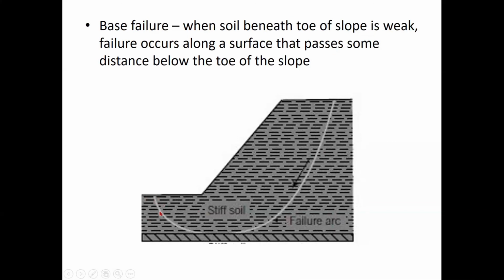So this basically happens when the soil beneath the toe is weak. If the soil here is weak, then your failure surface can pass below the toe and the complete base of the slope can fail. So this is called base failure. Clear? So we will wind up for today.